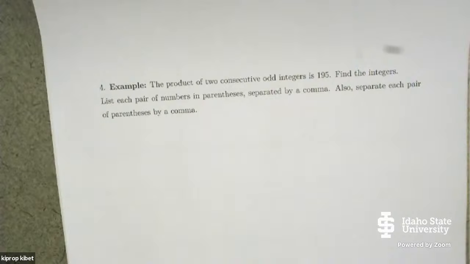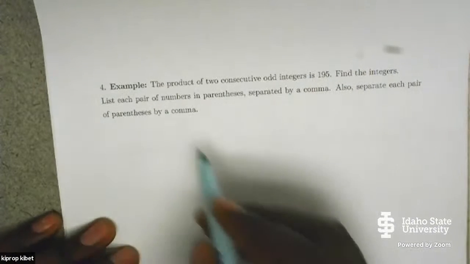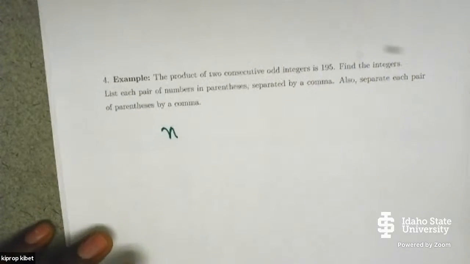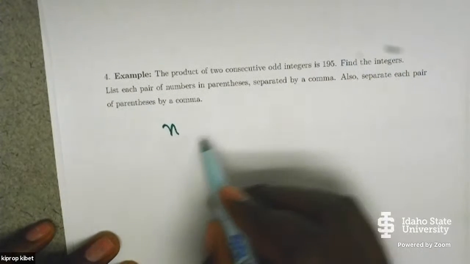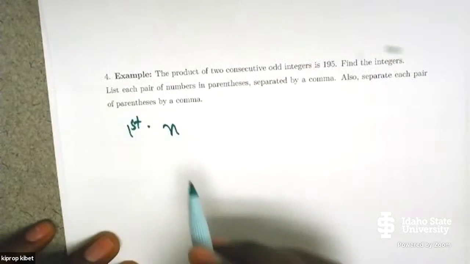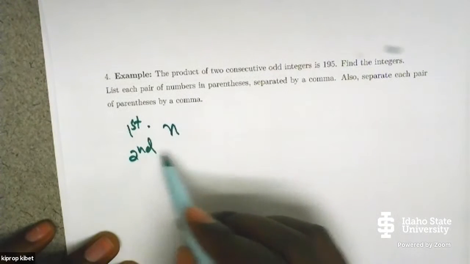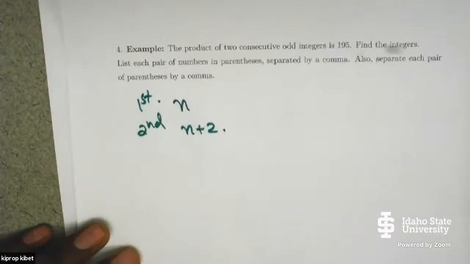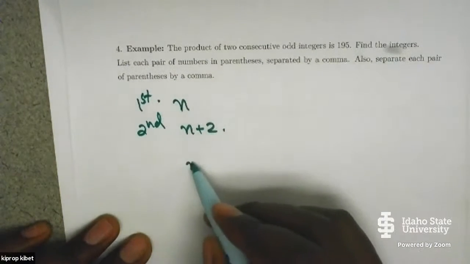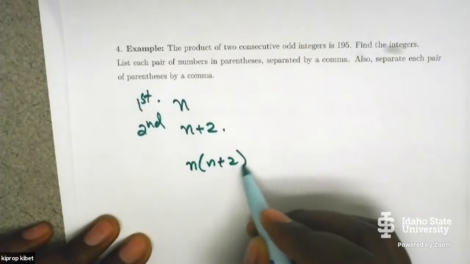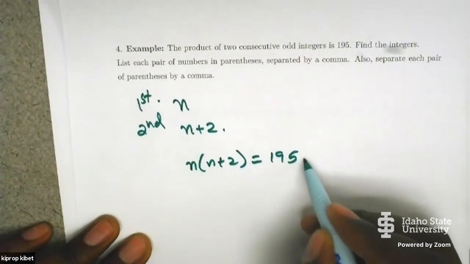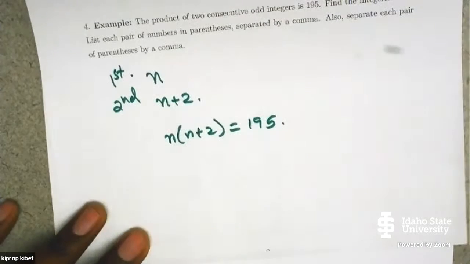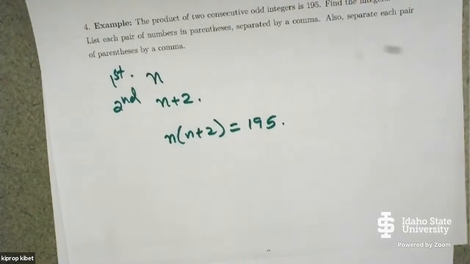So if the first one is n, the second will be n plus 2. So the product, n times n plus 2, is equal to 195.